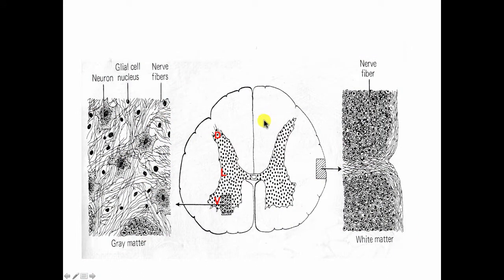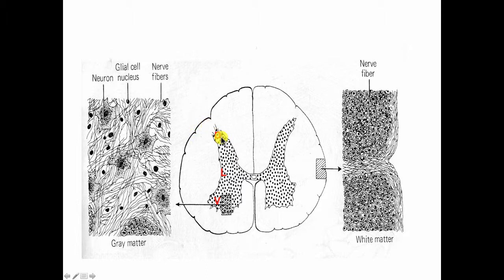This diagrammatic representation of the spinal cord shows this butterfly-shaped gray matter. The various parts of it are classified as the dorsal horn, the lateral horn, and the ventral horn.